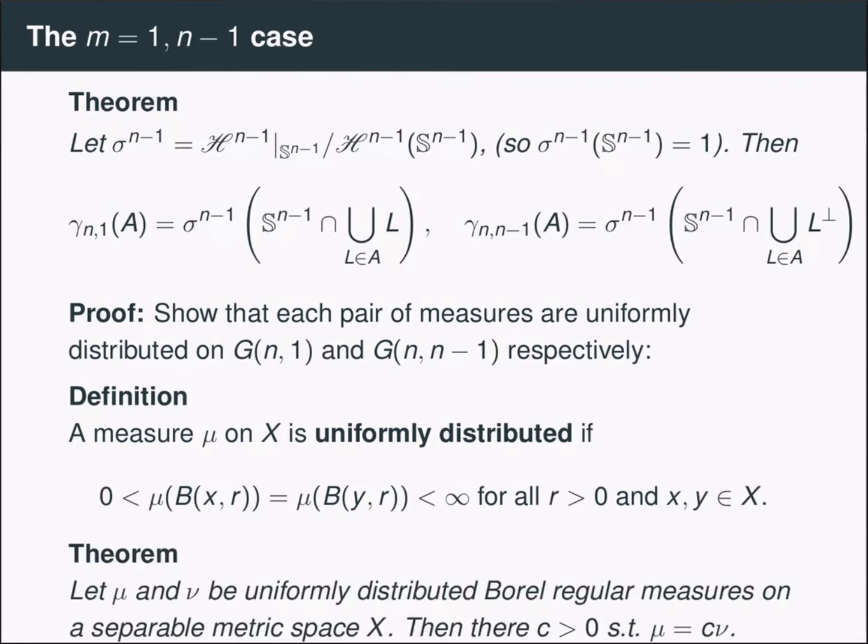There's a theorem that says that if you have two uniformly distributed Borel measures mu and nu on a separable metric space, then in fact they are a constant multiple of each other. Thus, because both these measures, gamma_{n,1} and surface measure on the sphere, are normalized, once you show that they are uniformly distributed on the Grassmannian, this theorem implies that they must equal each other.